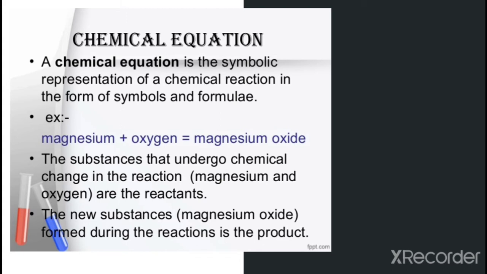two or three reactants take part in a chemical reaction. But a chemical reaction may involve only one reactant too. In which case?